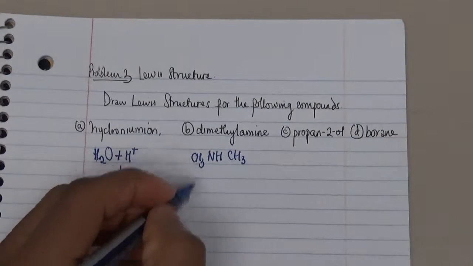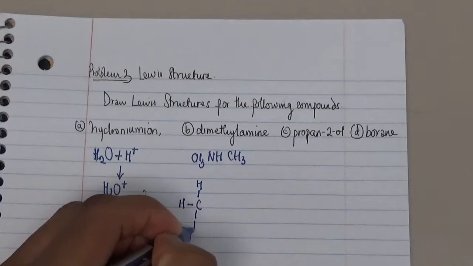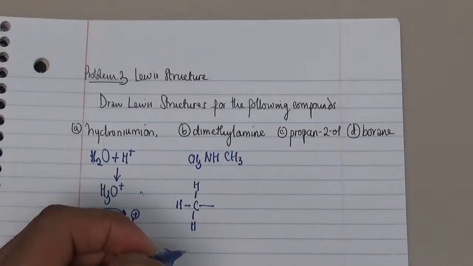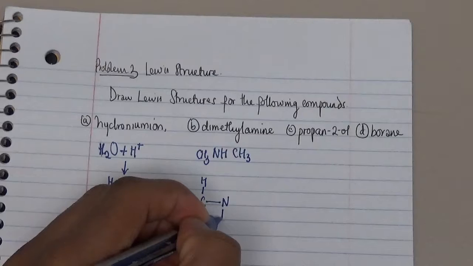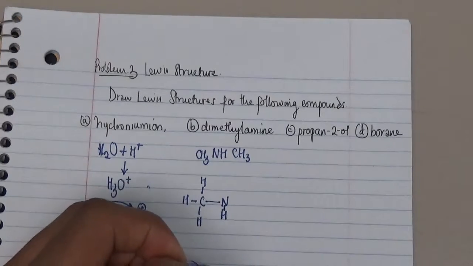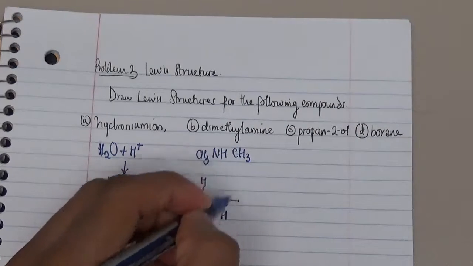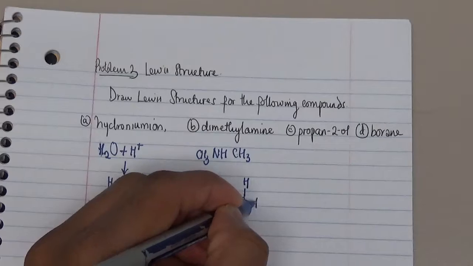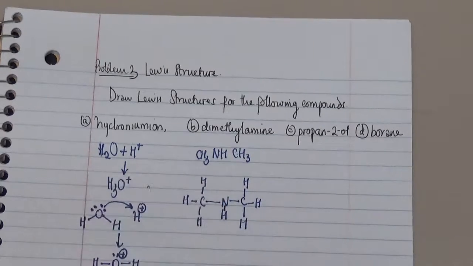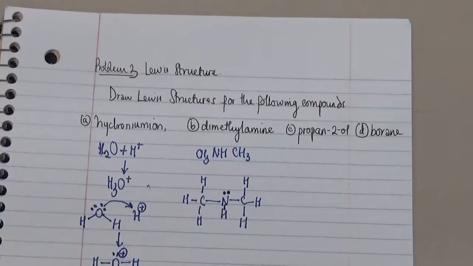What I mean is that we have C with 3 hydrogens attached with a dash, and over here we have nitrogen attached to a hydrogen atom, and then nitrogen attached to a carbon, and this carbon is attached to 3 hydrogens. So what is missing here is a lone pair on the nitrogen.